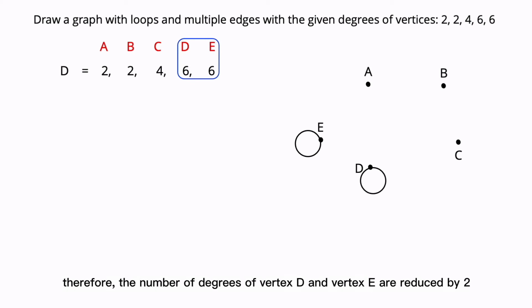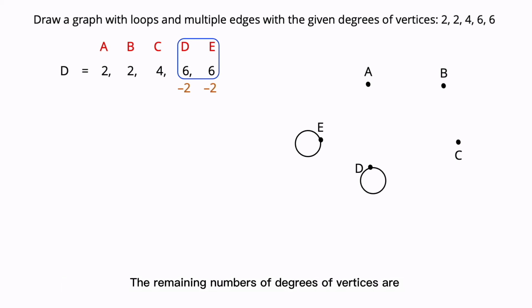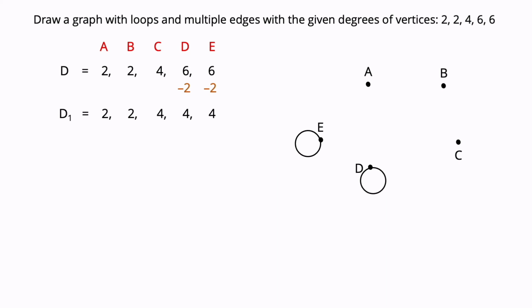Therefore, the degrees of vertex D and vertex E are reduced by 2. The remaining degrees of the vertices are 2, 2, 4, 4, and 4.